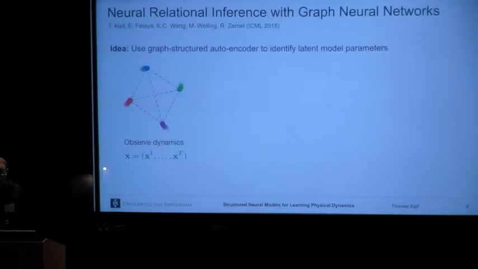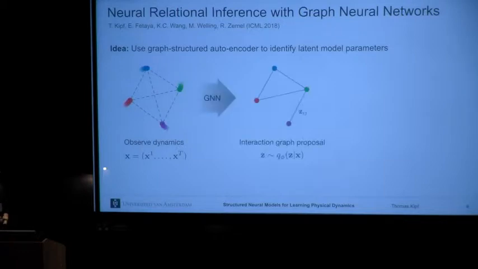And the main idea behind this work is that we run a graph neural network first on the original observed system, where we do not know anything about the interaction structure. So we first run the graph neural network on a fully connected graph, as a first initial guess on what the connections might be.